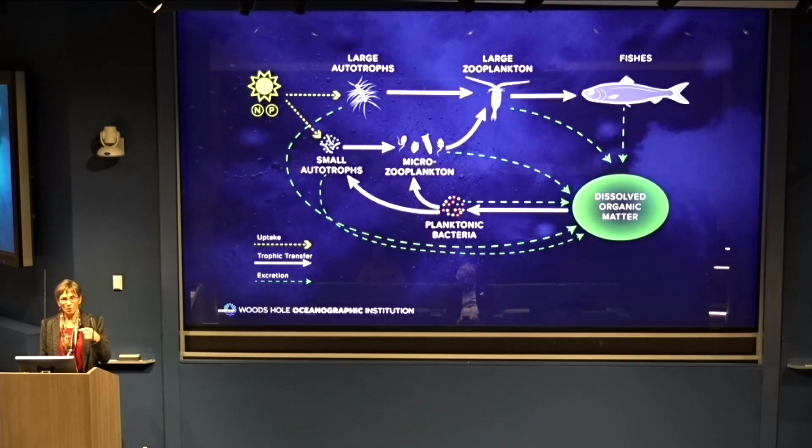But the results I've just been showing you now question the importance of this classic short food web, and they instead highlight that a lot of diatom biomass in this system can be directed into the production of these tiny parasites. They're small and they're much more likely to be more connected to the microbial loop, and the classic paradigm of the short food webs doesn't seem supported by what we're finding.